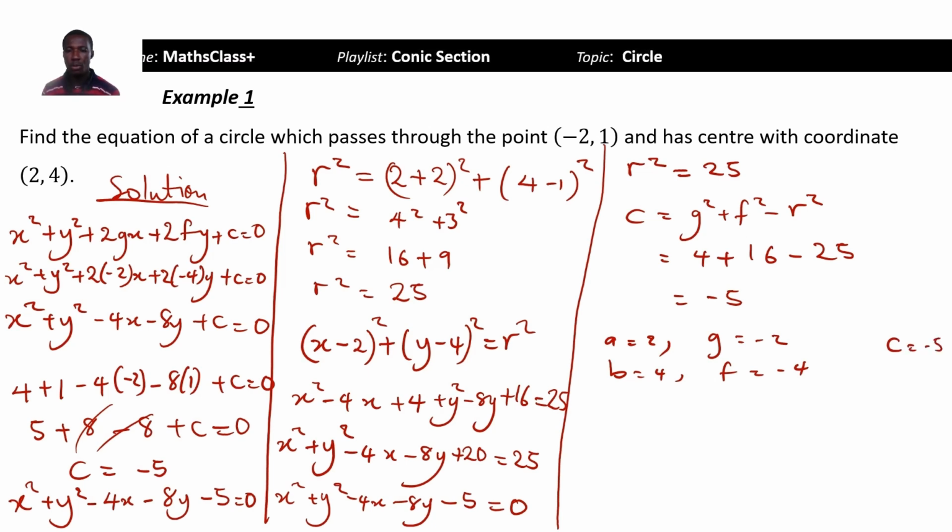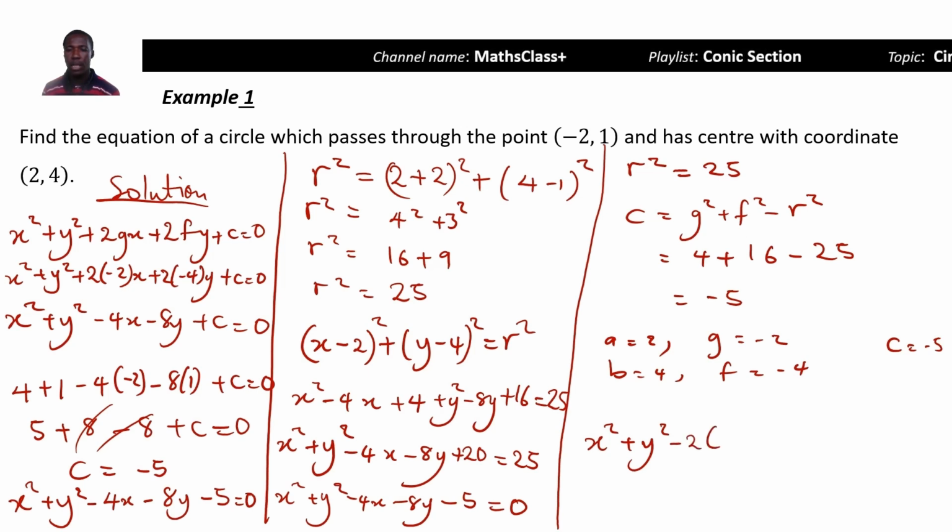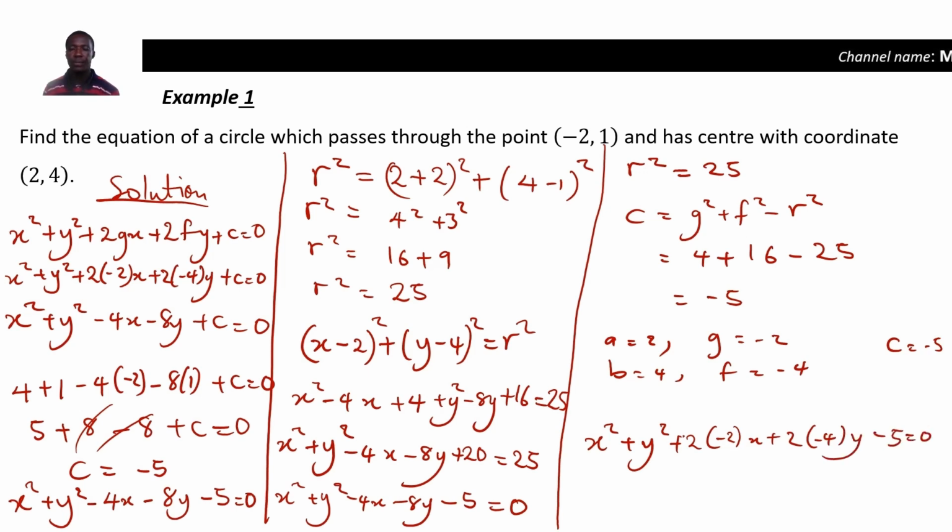When you substitute, you get x squared plus y squared plus 2 times negative 2x plus 2 times negative 4y minus 5 is equal to 0.